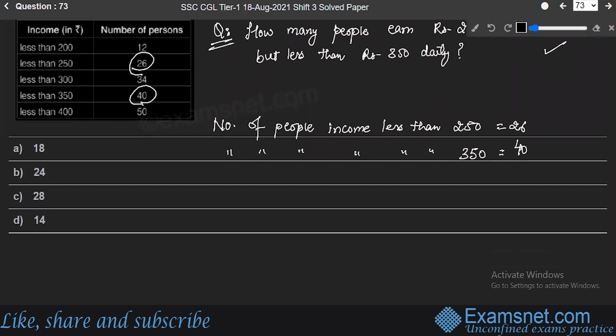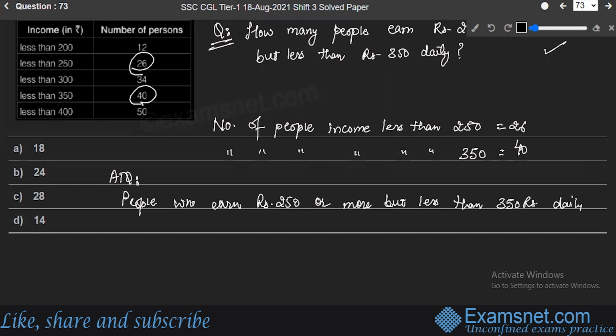So, according to the question, the people who earn rupees 250 or more but less than 350 rupees daily is 40 minus 26, which is equal to 14.